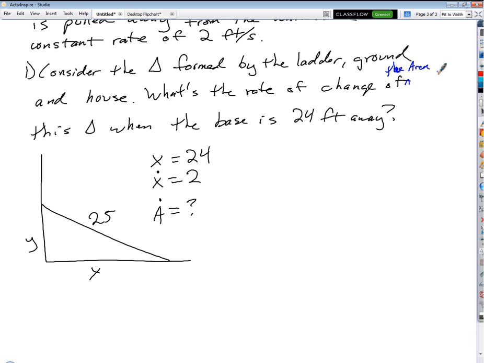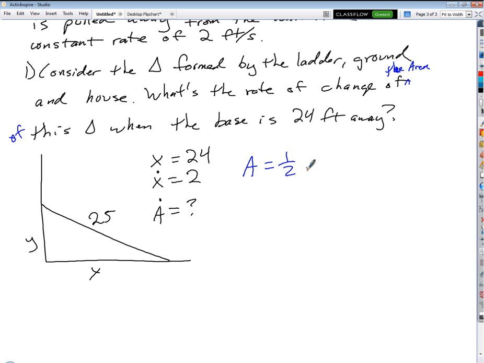So I just didn't write it down correctly. We want to find the rate of change of the area of this triangle, right? So what's the formula for the area of the triangle? Half x y.